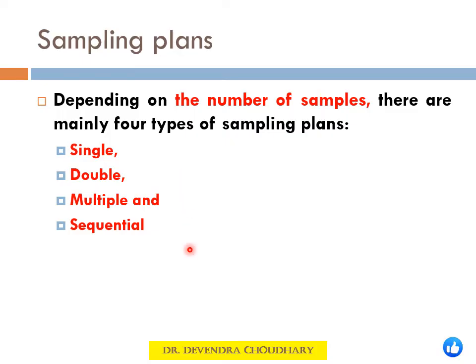So all these plans are to be evaluated based on discrimination power and cost criteria, and the best plan is chosen between the supplier of the lot and the consumer.